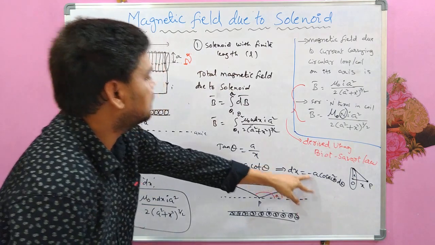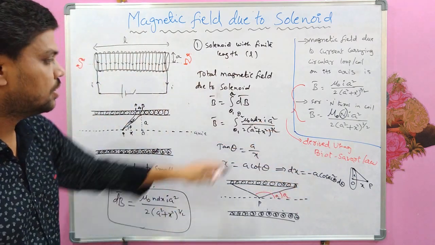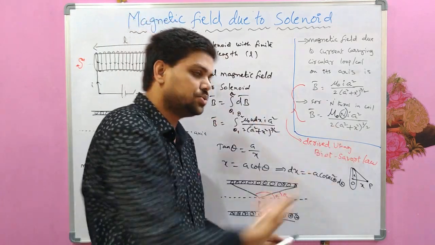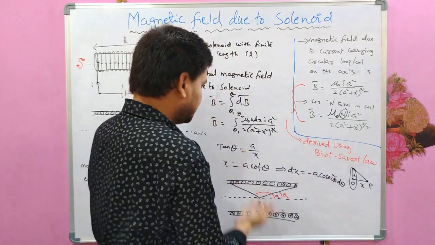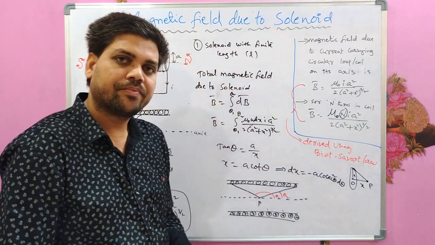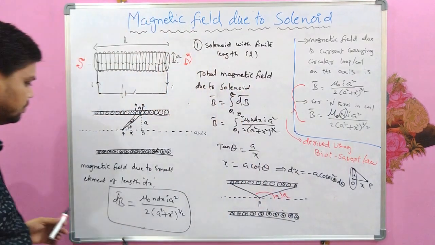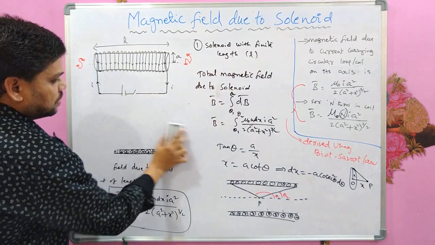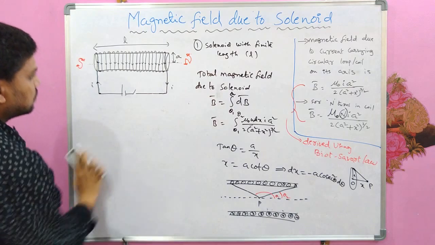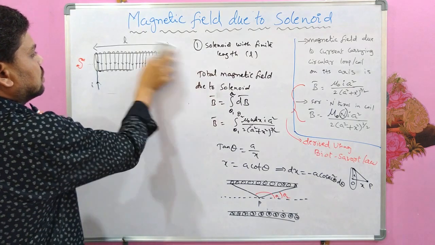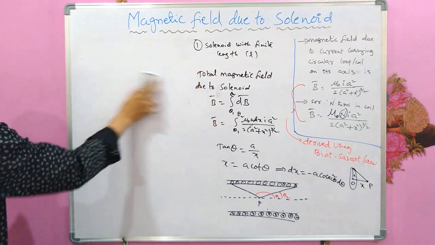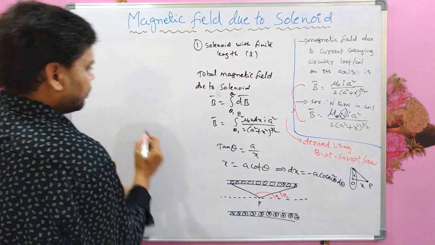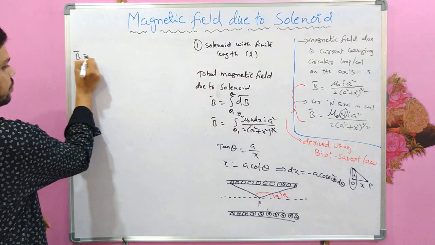So this dx let us substitute in this formula so that we can get theta. dx will be changed to d theta because our limits are theta 1 to theta 2. Okay. So what is B bar now?